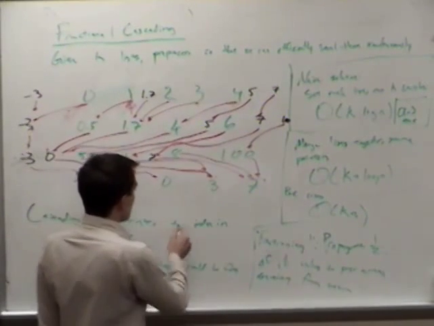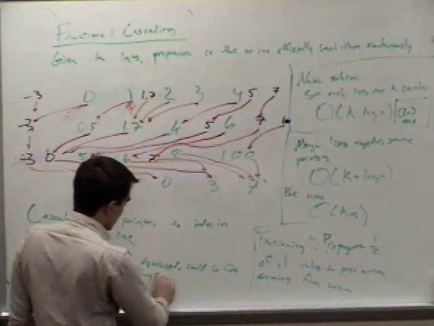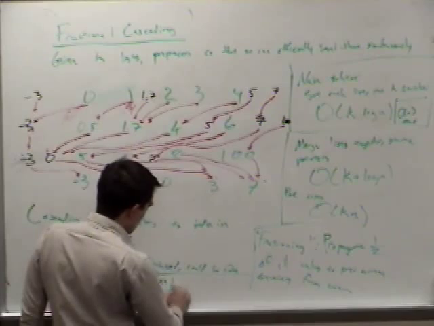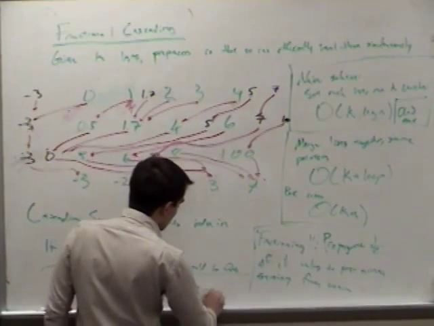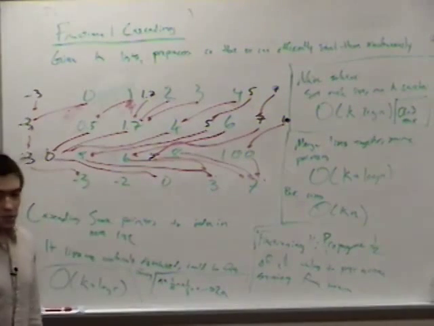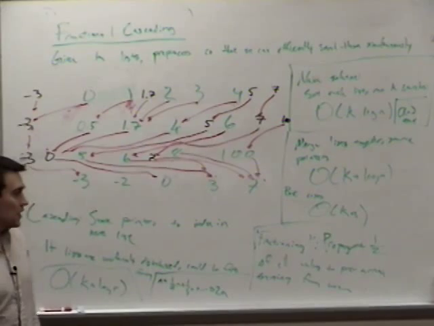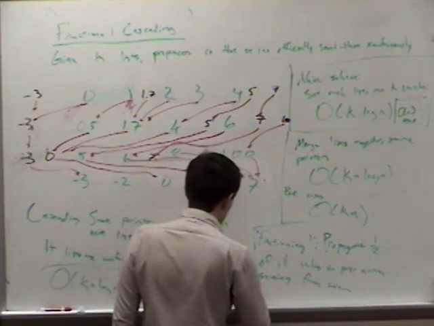So each array gets increased by a factor of n plus 1 over 2n plus 1 over 4n, etc., which is at most 2 times n. So the space complexity here is at most order 2n, or order n space.